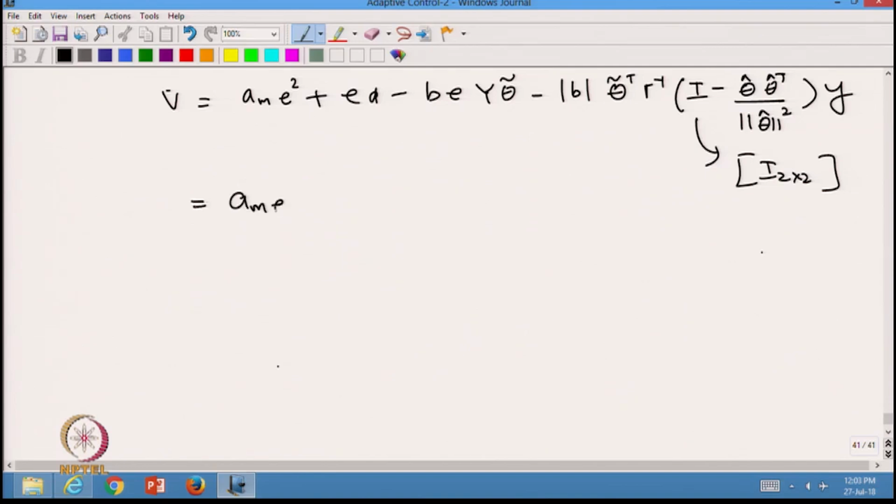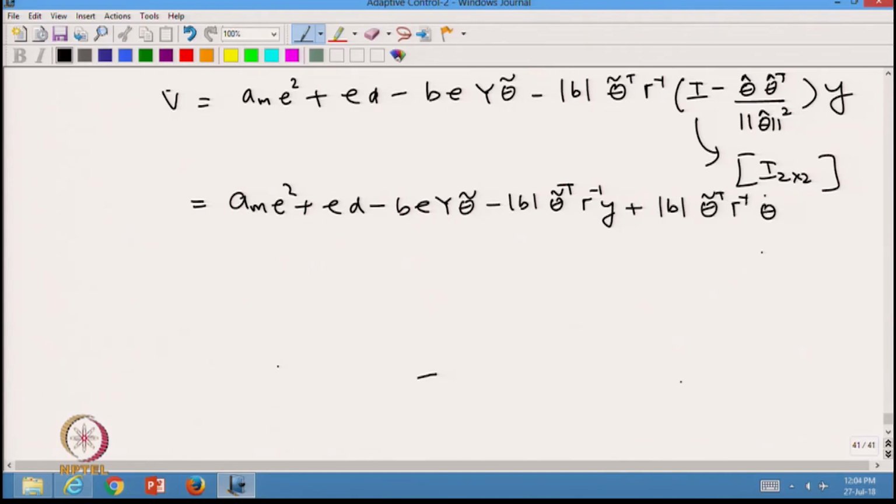So we will have A m E square plus E d minus B e y theta tilde, and let us look at the first case, and so we will get a minus E theta tilde transpose gamma inverse y plus theta tilde transpose gamma inverse theta hat transpose.